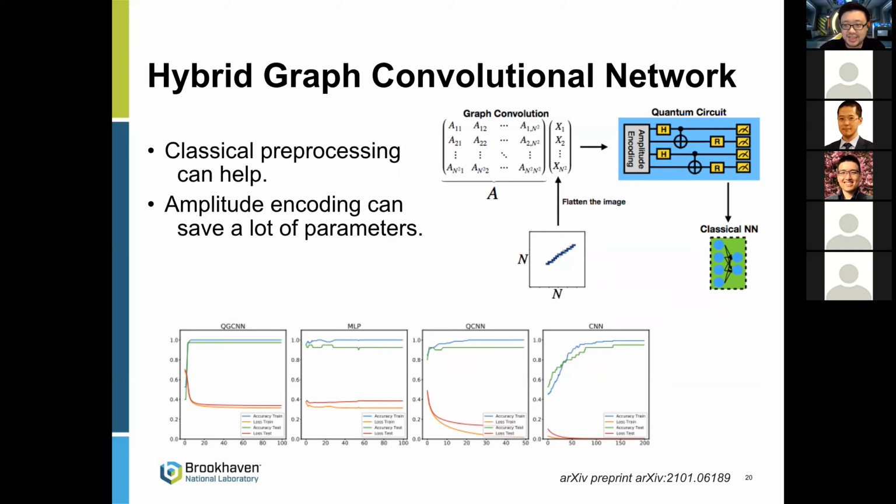We use this convolutional filter to aggregate the features of the input image, and then use amplitude encoding to encode such images into the quantum circuit.